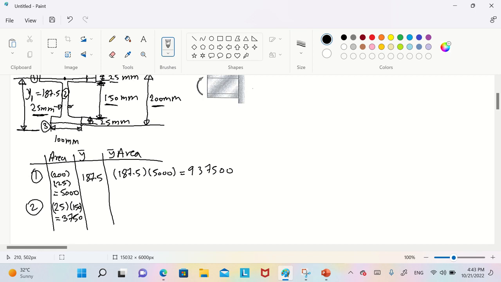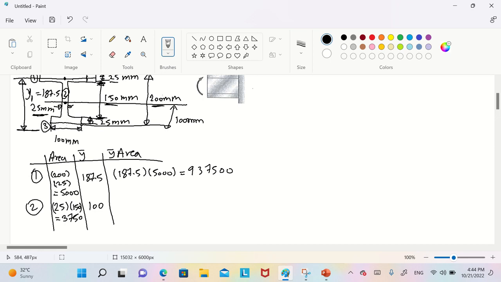So the same as the y bar. The center of the second one from the ground is 100 millimeter. Why?